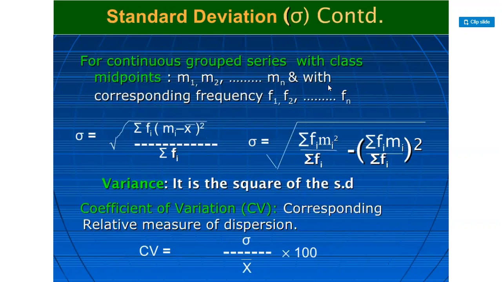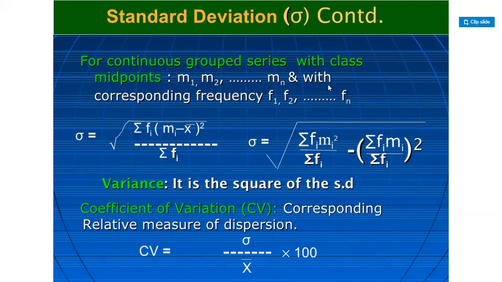These are the formulas for the individual series and for the discrete series. For a continuous grouped series with class midpoints M1, M2, M3 and corresponding frequencies F1, F2, F3, we have to use the root square formula.